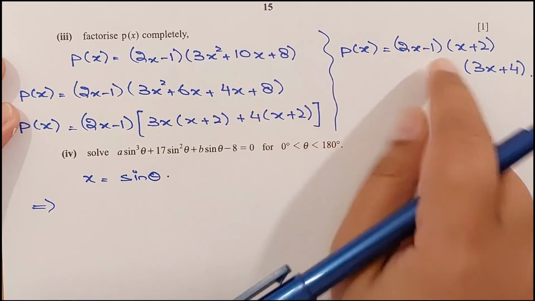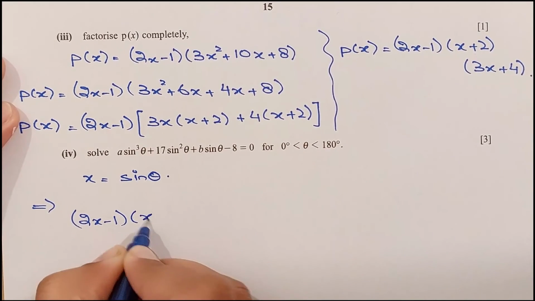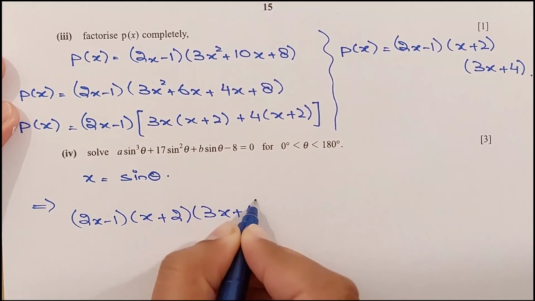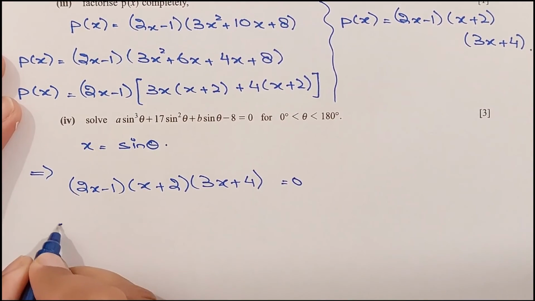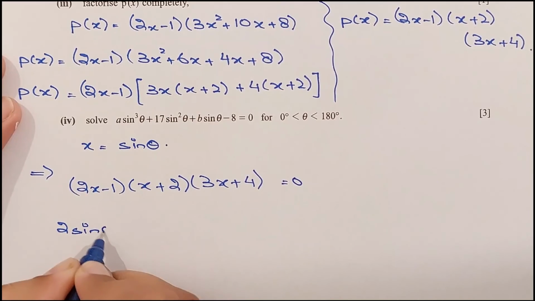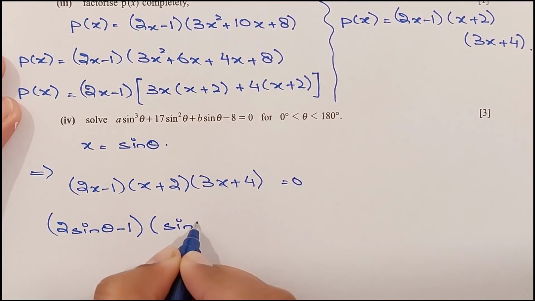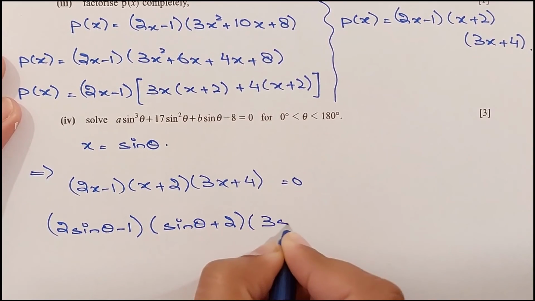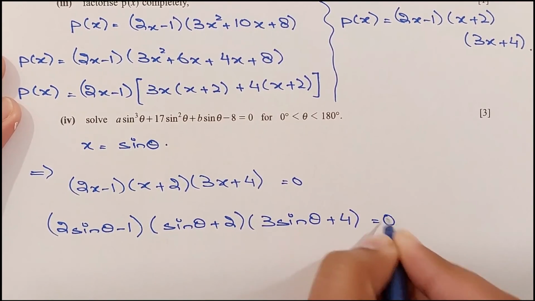So we can put this polynomial equal to 0. So 2x minus 1, x plus 2, and 3x plus 4 is equal to 0. So x is your sine theta, right? So we can rewrite as 2 sine theta minus 1, sine theta plus 2, and 3 sine theta plus 4 is equal to 0.